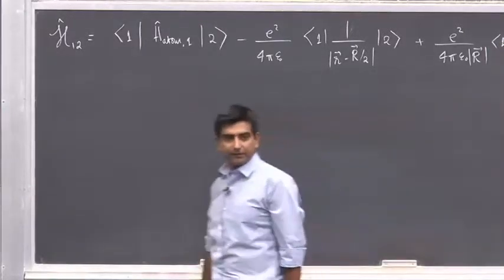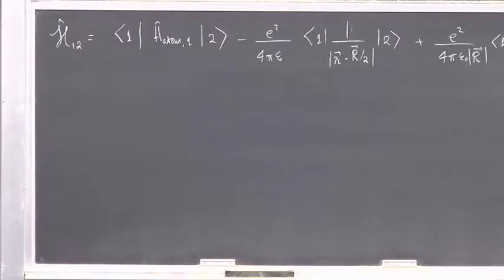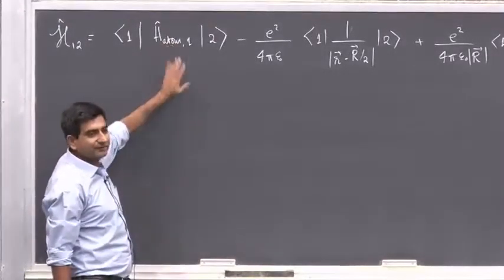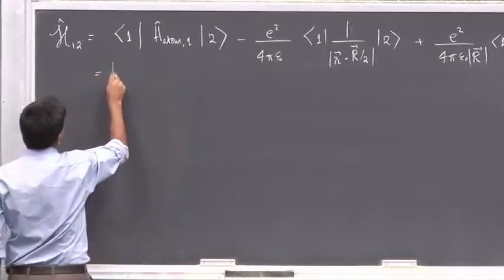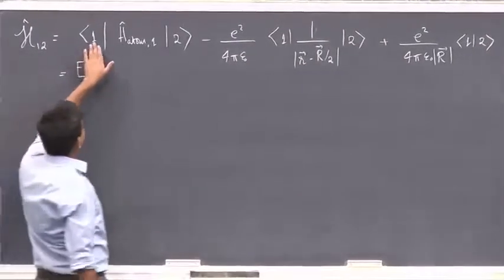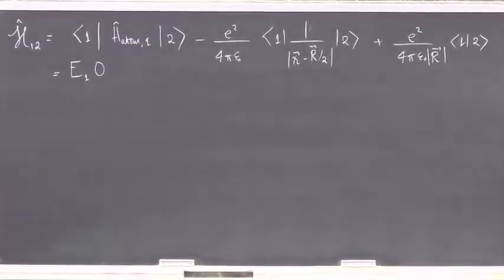So this is the off-diagonal term of the Hamiltonian in the ket 1, ket 2 basis. Now this is an eigenstate of this with energy E1, so I get E1, but the inner product of 1 with 2 is called O, the overlap integral.